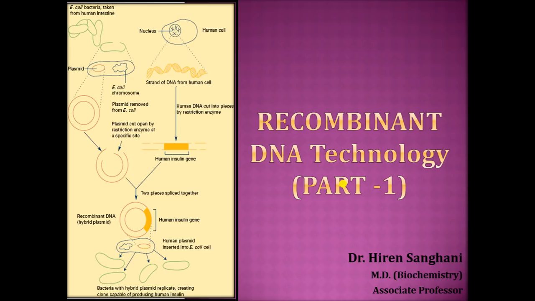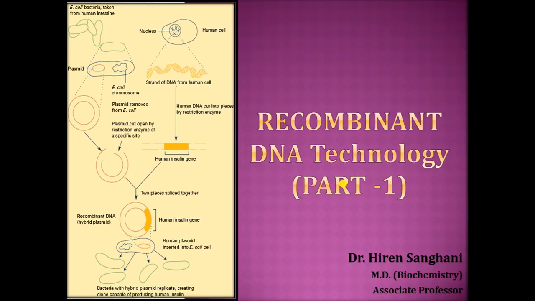So as we know, it is a very important technology in today's era. For example, so many medicines in the form of protein or hormone that we are taking are produced with the help of this recombinant DNA technology.